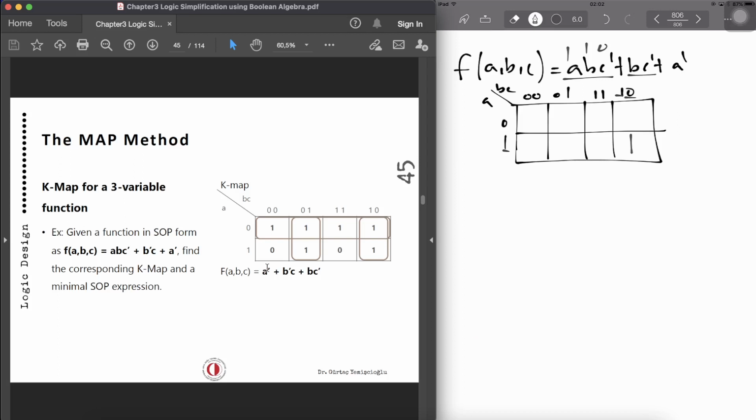So we don't know what A is going to be, so A has to be in both sides. B C prime, it's also this one. So that means we have to put 1 over there because it also includes where A is 0. And then the last one is A prime. So whatever we have got on this row, they're all going to be 1s. Okay? And the rest are just 0s.